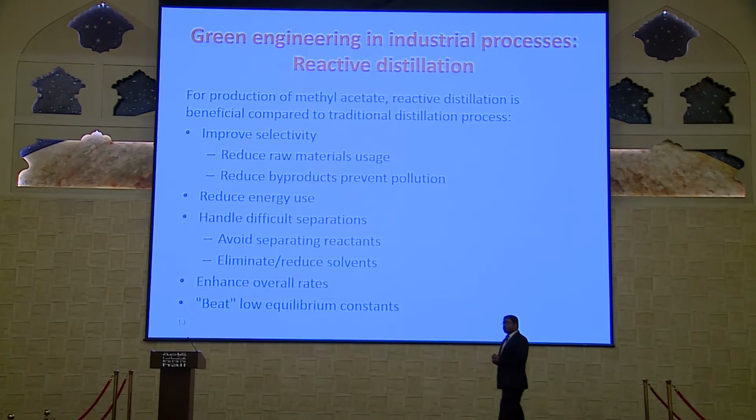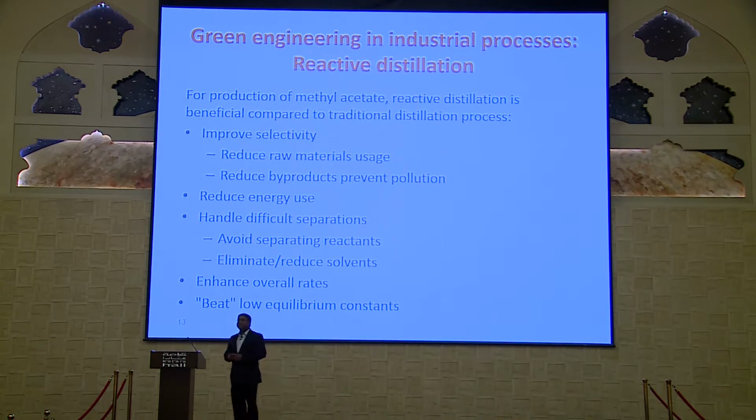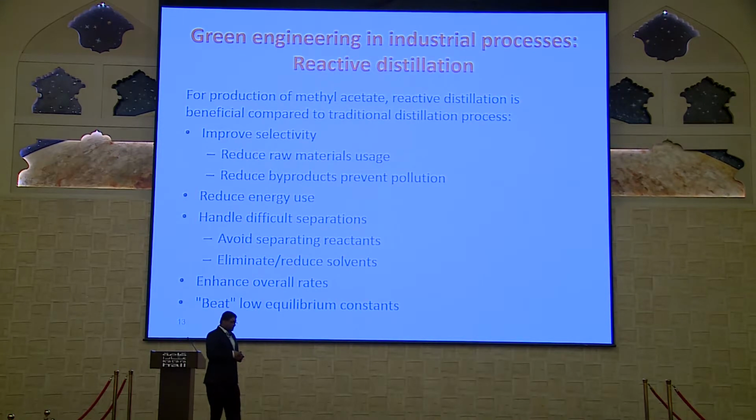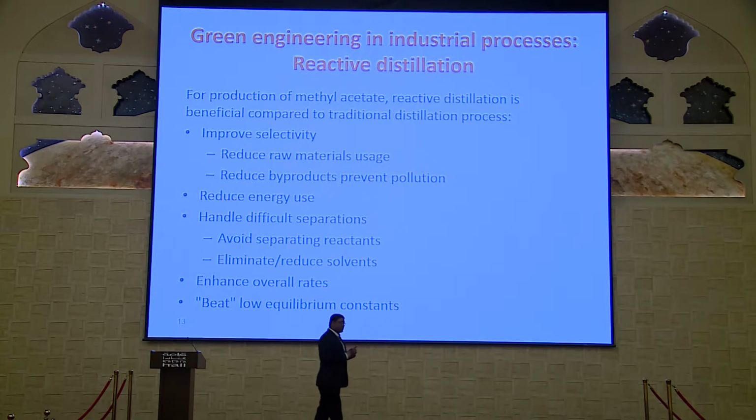Now we'll see some examples of the application of green engineering initiatives in industrial operations. For example, for the production of methyl acetate from methanol and acetic acid, the traditional process used a reactor and distillation.